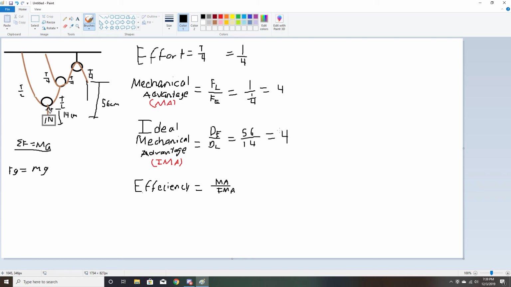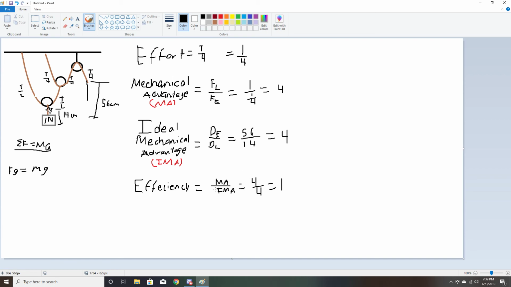Now, efficiency is the mechanical advantage, which is 4, divided by the ideal mechanical advantage, which is 4. So this is equal to 4 over 4, which is equal to 1. If we convert 1 into a percentage, that says we have 100% efficiency. But that's just not possible.